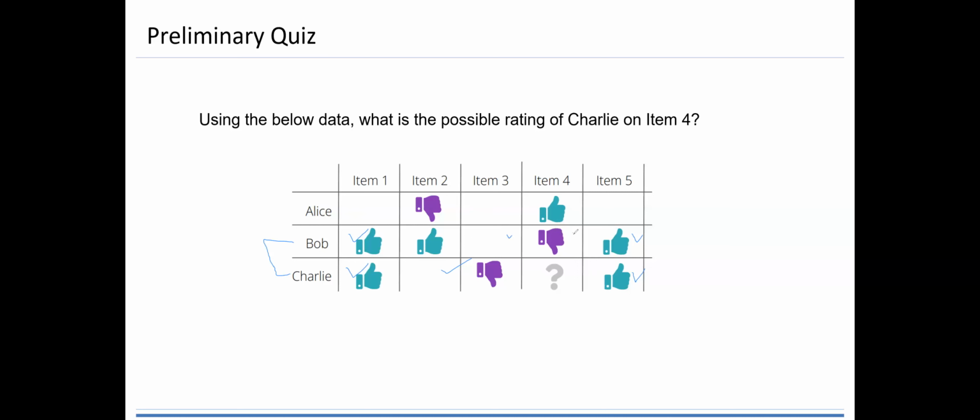For item 4, we need to predict this one. Then what is the result? So maybe the possible rating for Charlie on item 4 is bad. So we can predict that maybe the rating from Charlie is bad.